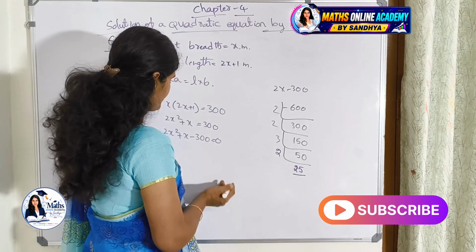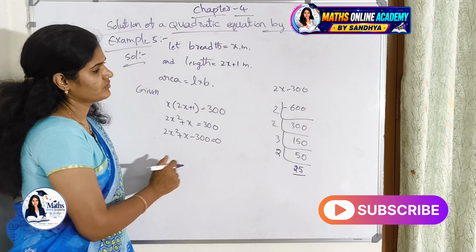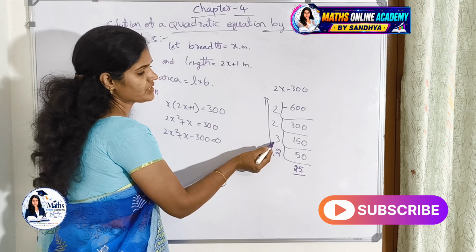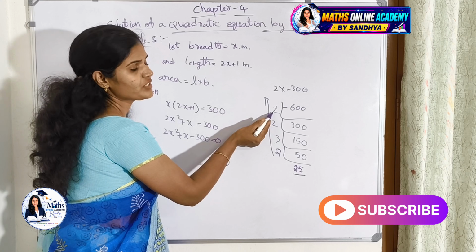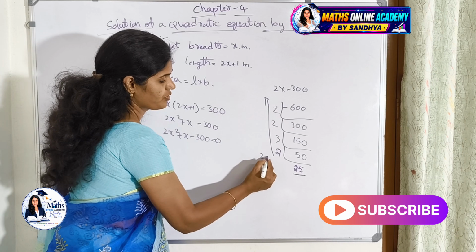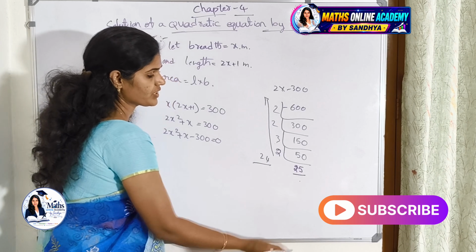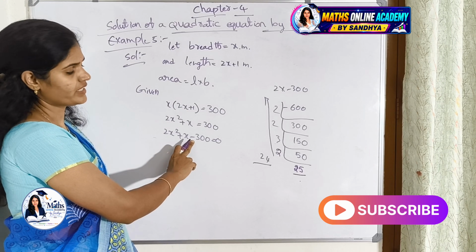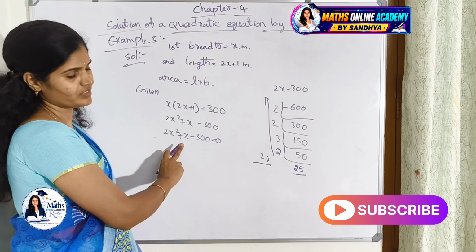See, this is the 25. We want plus x. Multiply all: 2 3s are 6, 6 2s are 12, 12 2s are 24. Here is the 24, here is the 25. You take, and one more is here minus, so we want plus 1.